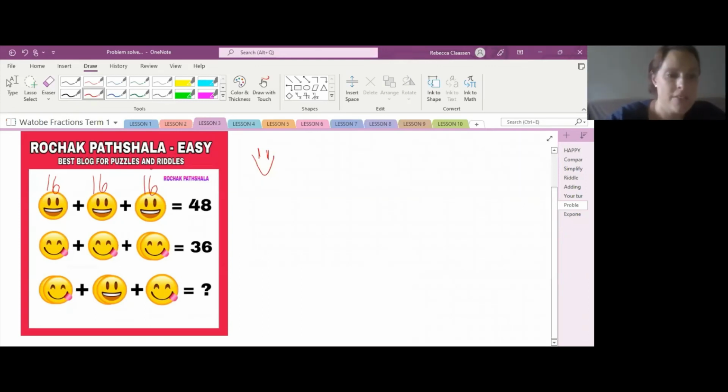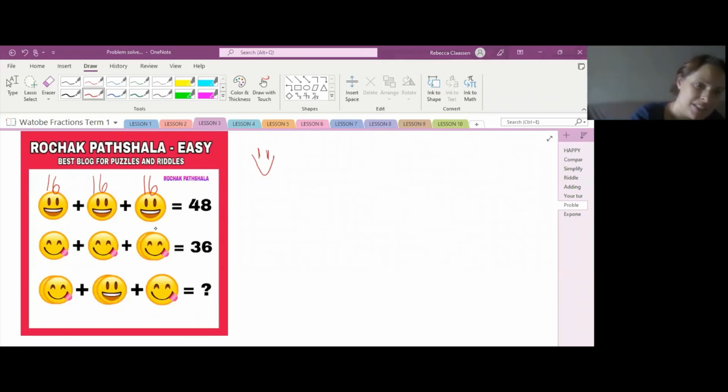Now I've got the sticking out tongue face. 2 sticking out tongue faces plus another 2 give me 36. So how many sticky out tongues have I got altogether? There's 1, 2, 3, 4, which gives me 4 sticky out tongue faces. I can say 36 divided by 4 is going to give me another number, and then I can use all of that information to work out the answer.